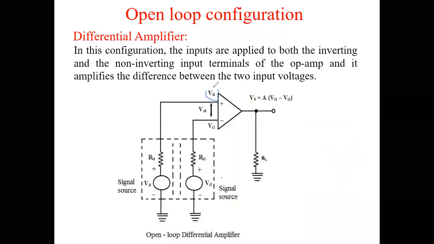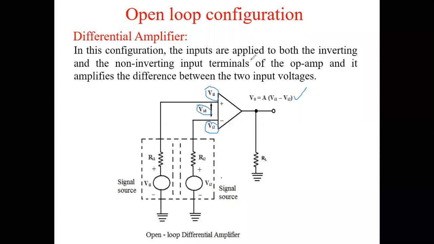The difference Vi1 minus Vi2 is otherwise called Vid, and therefore the output V naught is equal to A into Vid, where Vid is Vi1 minus Vi2. This is the differential mode.